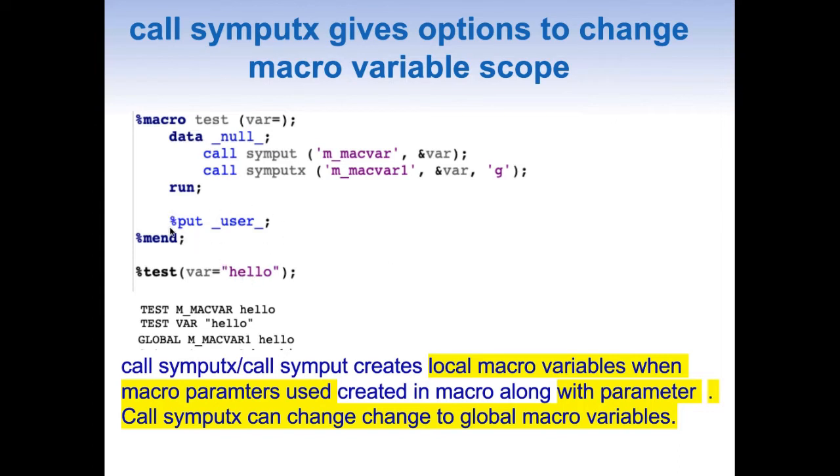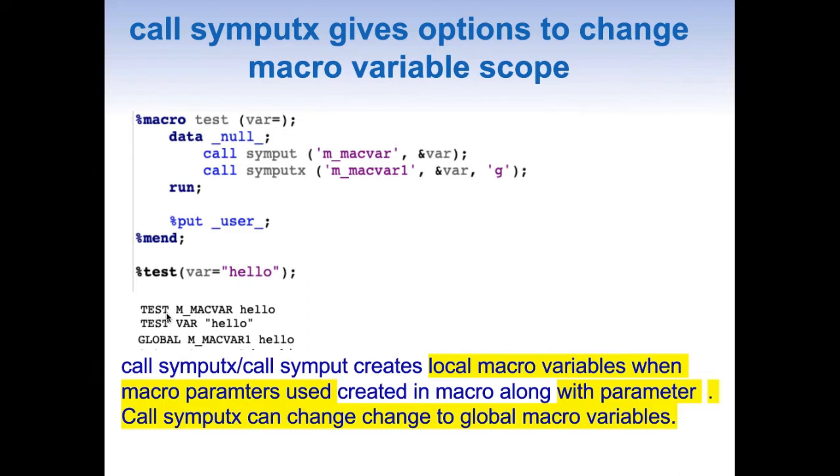In this macro, we have asked to do %put _user_, that is, we want to see all the user defined macro variables. And that is what we see in the log here. We see many more macro variables, but I have not shown you that for simplicity. But I want you to focus on these three macro variables and their scope.